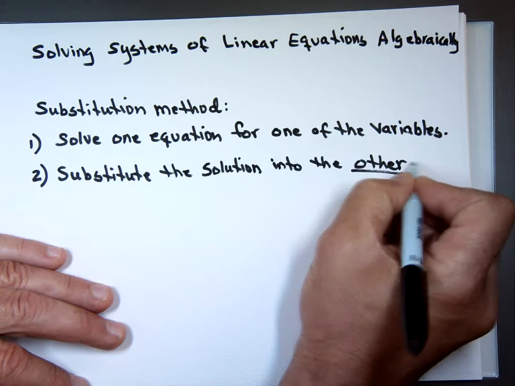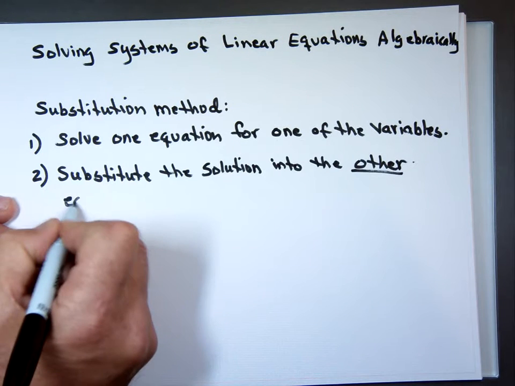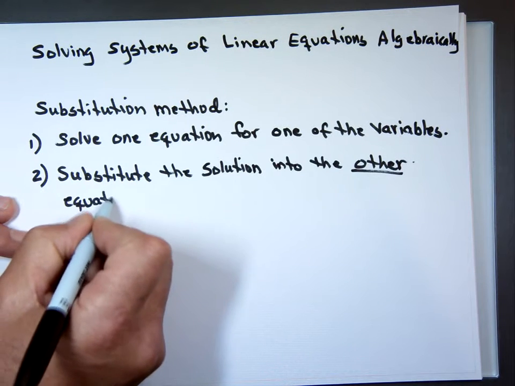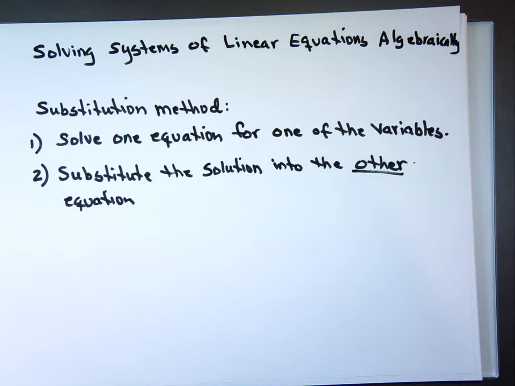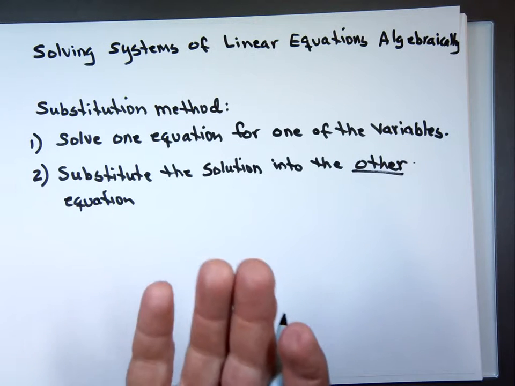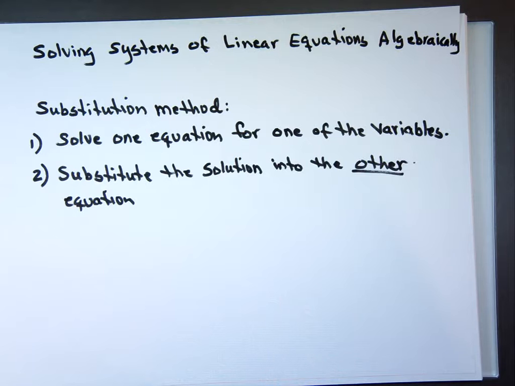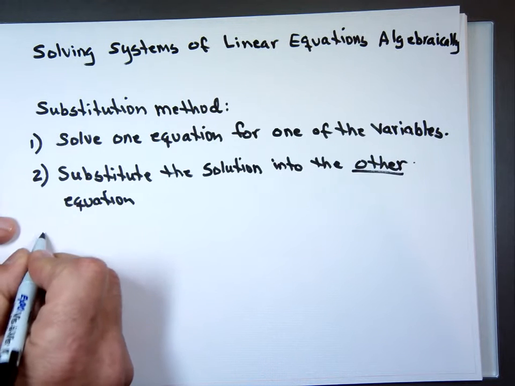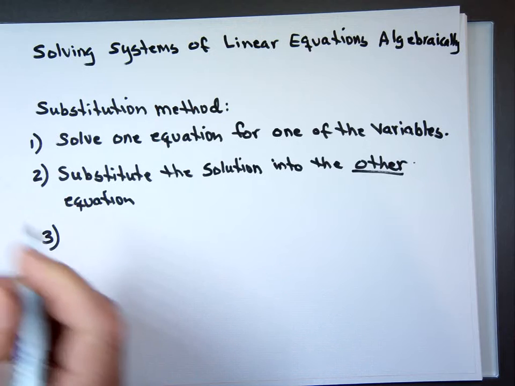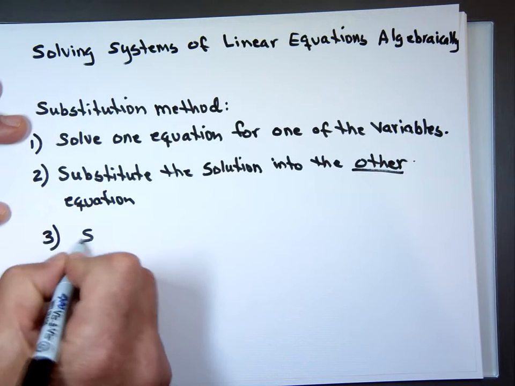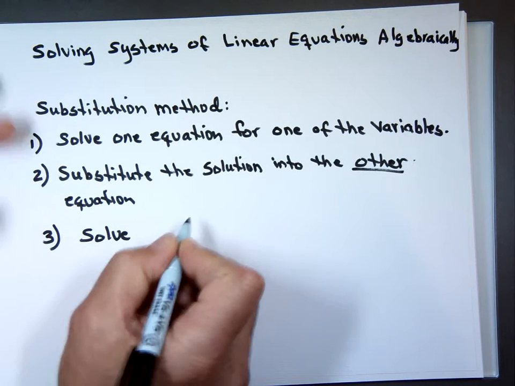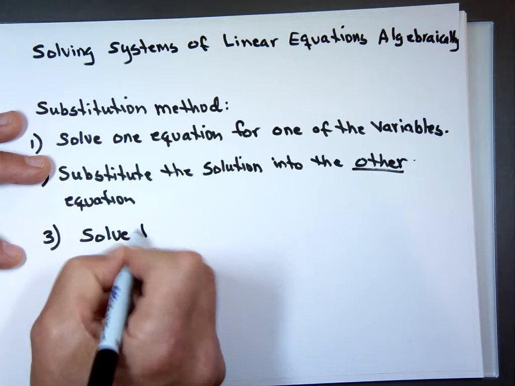The other equation. And when you substitute, if you have two equations by two unknowns, you end up with one equation by one unknown. So step number three, you want to solve the resulting equation.